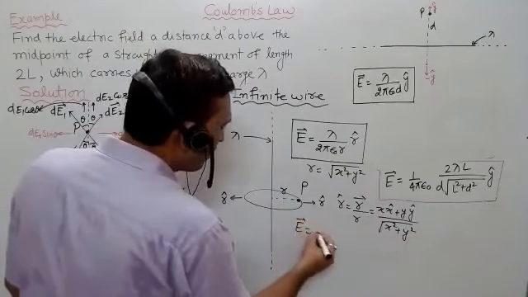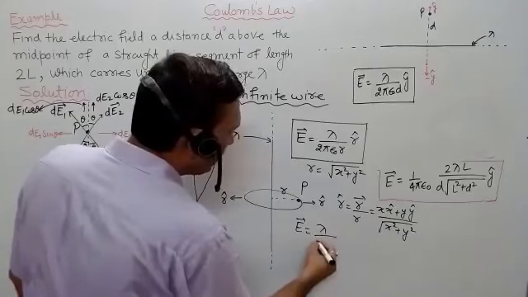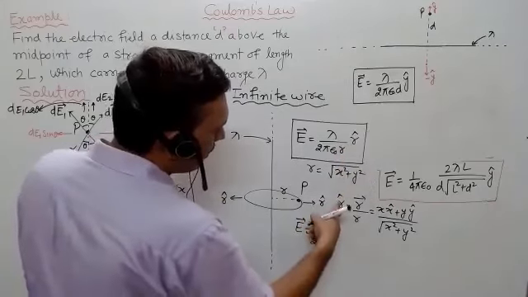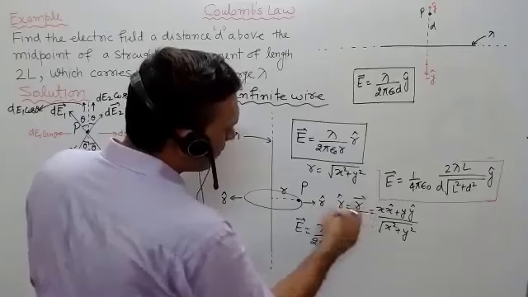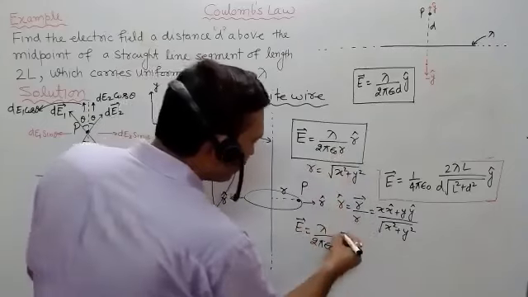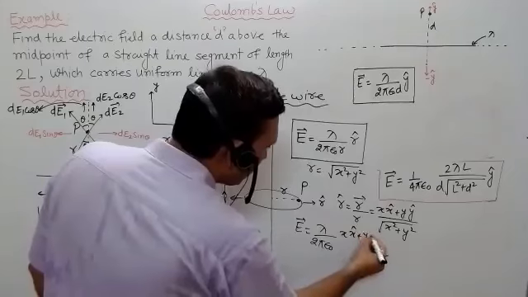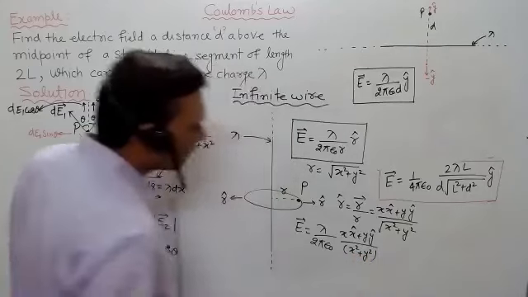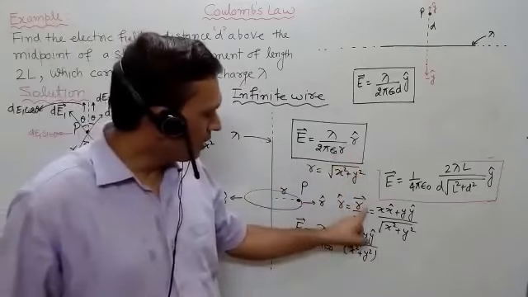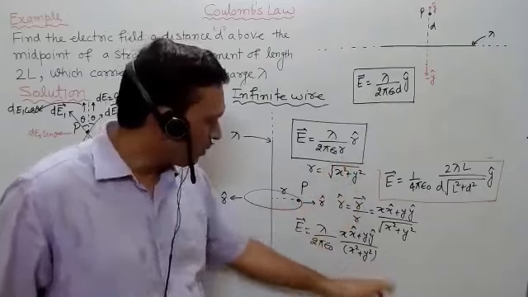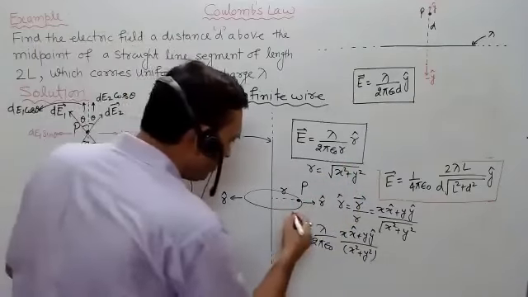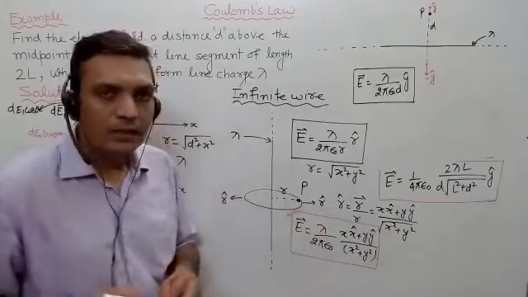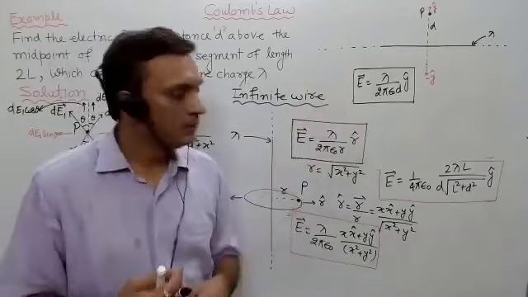In Cartesian symmetry, you can write this as lambda by 2 pi epsilon naught times r cap. R cap is vector r by r, so that will give you r square. So this is x cap plus y cap by x square plus y square. R cap is vector r by small r, so r square will give you x square plus y square. So you can also express it in this form. Is it clear? Field due to an infinite wire.